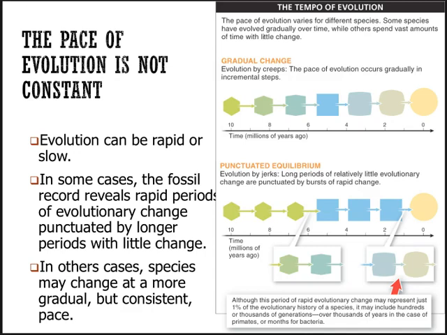The fossil record tends to favor showing these slow, gradual processes. Like we tend to see these kinds of things really slow and gradually, but that's not the only line of evidence that we see. In fact, we just call this gradual change. That's kind of what Darwin said. But if we look at some other fossils, what we see are things that seem to stay the same for a really long period of time, millions and millions of years, and then all of a sudden it seems to jump to a new version of it.